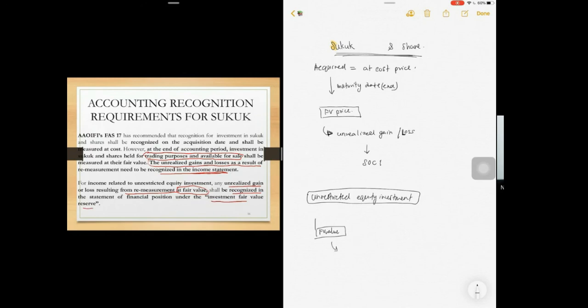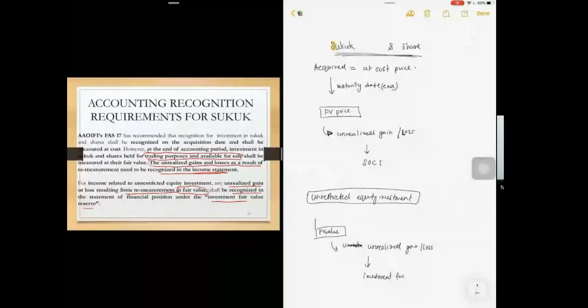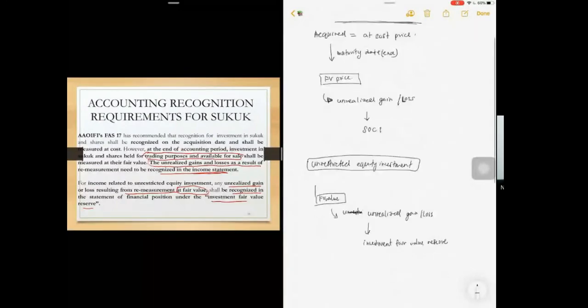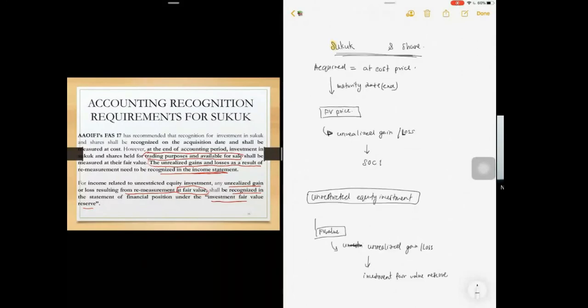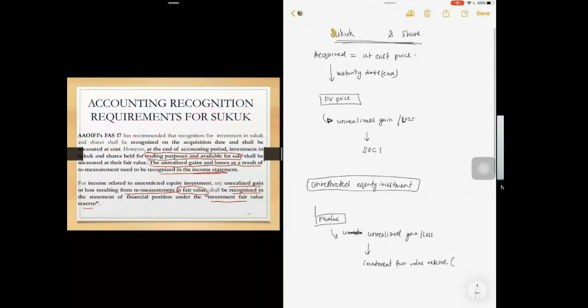Maksudnya nanti the value of unrealized gain or loss tadi tu, dia kena put it under investment fair value reserve in SOFP.